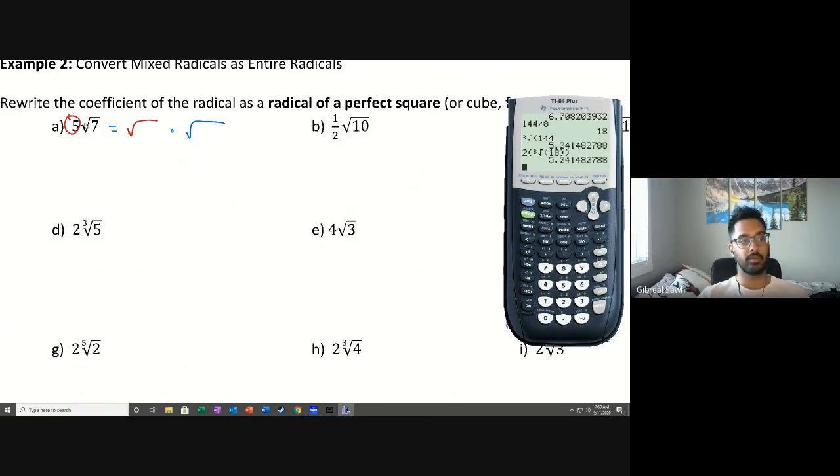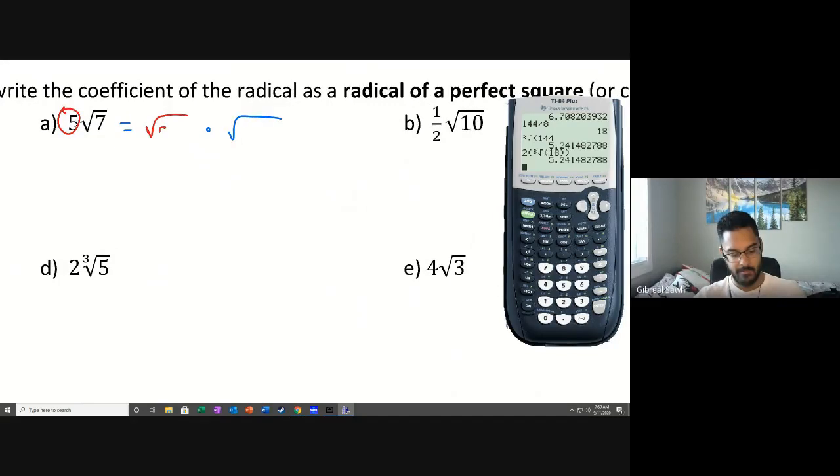So if this is a square root, I'm basically just going to take the coefficient and square it when I put it underneath. So this is technically 5 squared. And my 7 that was already underneath my root sign will stay underneath my root sign. Okay, so the 5 squared is going to become 25.